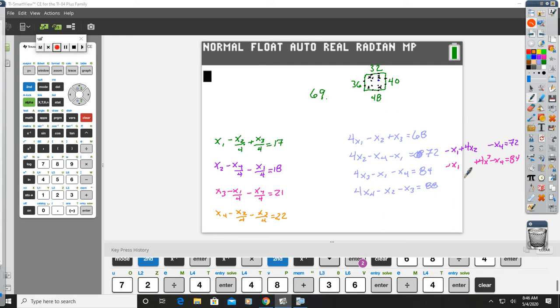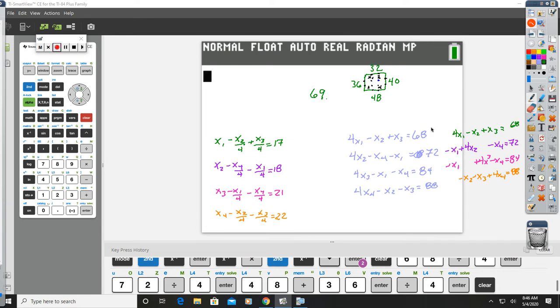And the last one, when I put it in order, there's not any x1s, but negative x2 minus x3 plus 4x4 equals 88. And then the top one, of course, was this one, 4x1 minus x2 plus x3 equals 68.